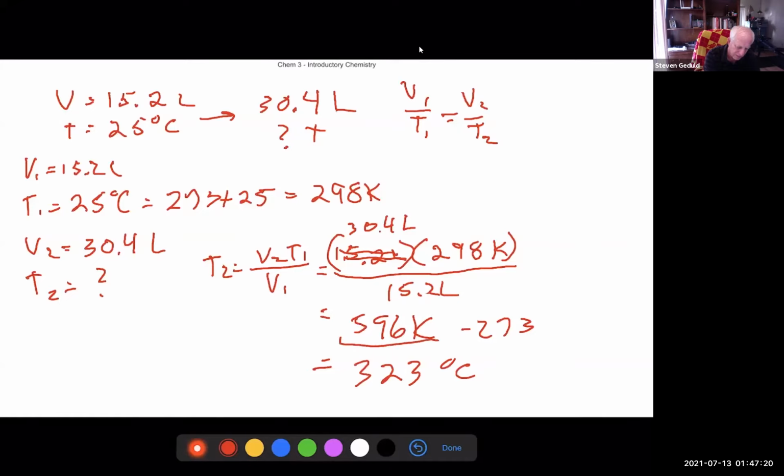So this is in Kelvin, and 323 degrees centigrade. If you put 596 degrees Kelvin, do you think I'm going to mark it wrong?